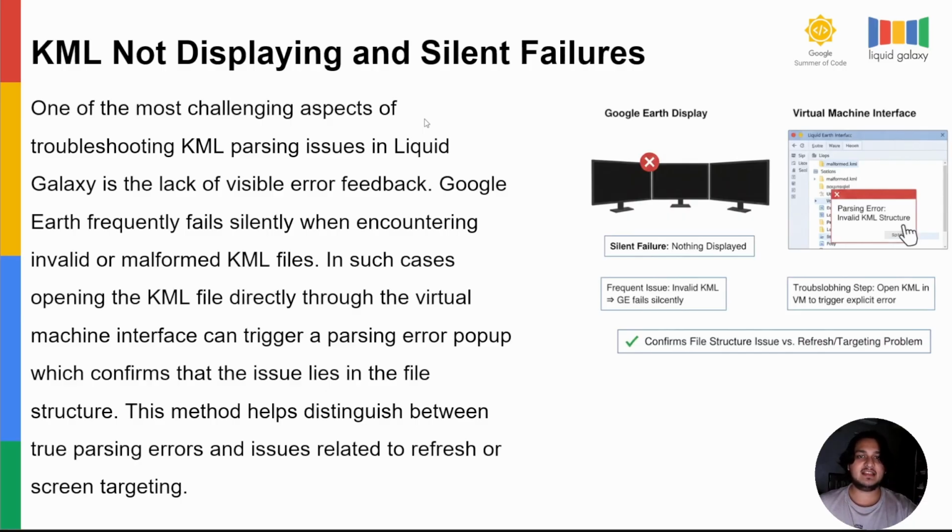By triggering this explicit error message through the virtual machine, we can quickly narrow down the root cause and avoid wasting time debugging unrelated components. This method is often the fastest way to confirm whether there is a visualization error caused by the KML itself or the Liquid Galaxy loading mechanism.